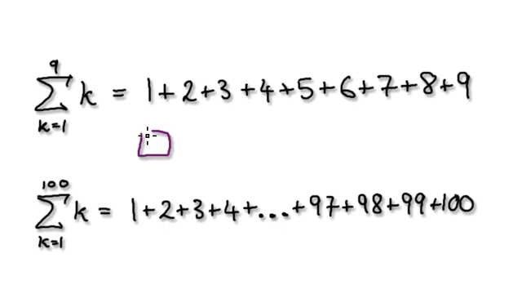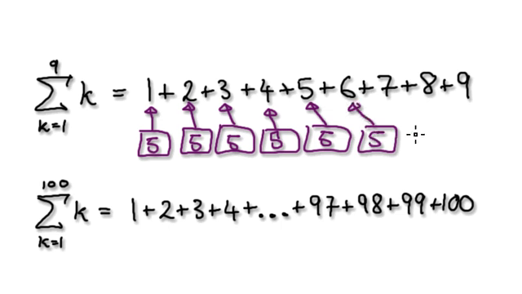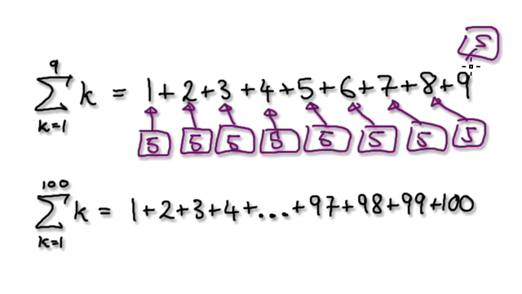So what this means is that, let's just say, let 5 represent this, let 5 represent this, and so on. A 5 here would represent this, a 5 here would represent this, and a 5 here would represent this.